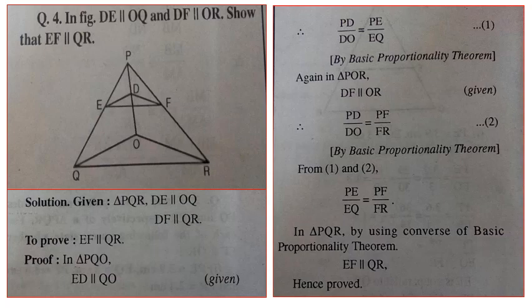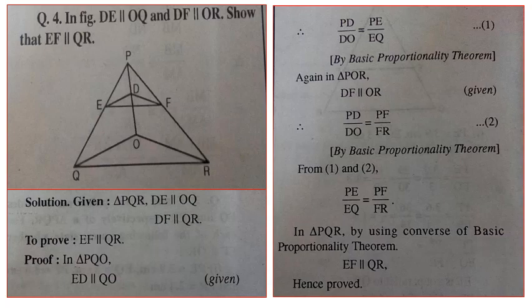To prove EF parallel to QR. Proof: in triangle PQO, DE parallel to OQ is given, then PD by DO is equal to PE by EQ by basic proportionality theorem, that is equation number 1.